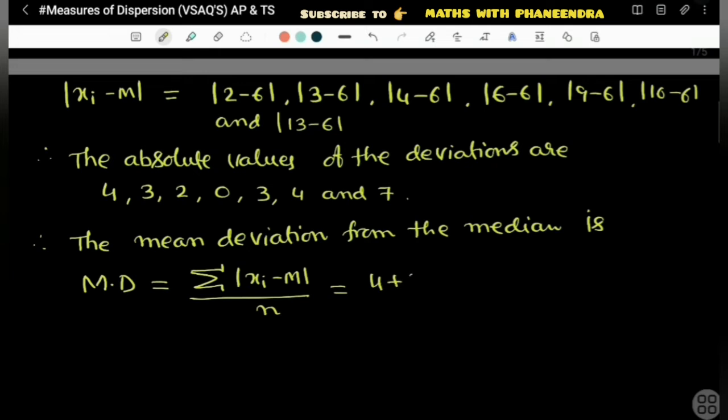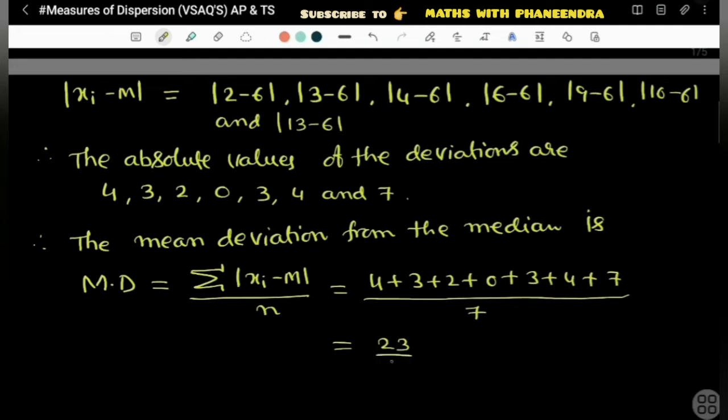So 4 plus 3 plus 2 plus 0 plus 3 plus 4 plus 7, divided by n equal to 7. Adding: 4 plus 3 is 7, 7 plus 2 is 9, 9 plus 3 is 12, 12 plus 4 is 16, 16 plus 7 is 23. So 23 by 7.